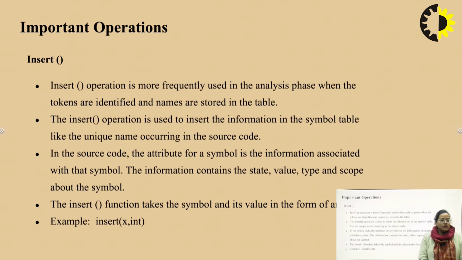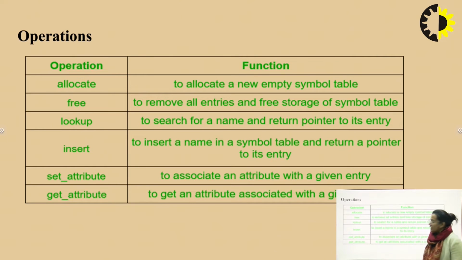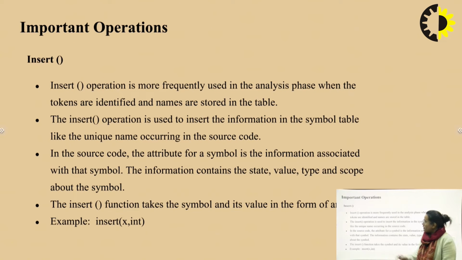The attribute for a symbol is the information associated with that symbol. The information contains the state, value, type, and scope of the symbol. The insert function takes the symbol and its value as arguments. This is the syntax of insert: insert(x, int). We insert x and its type is int.